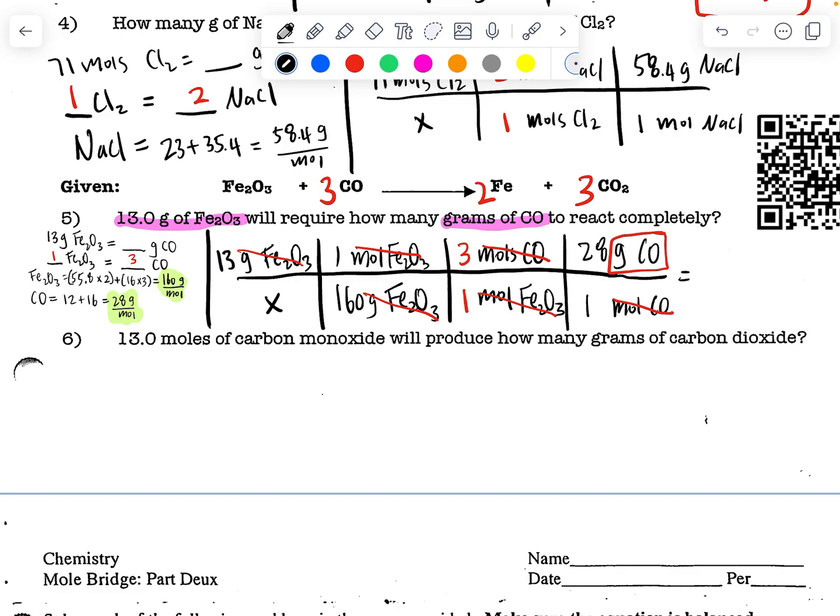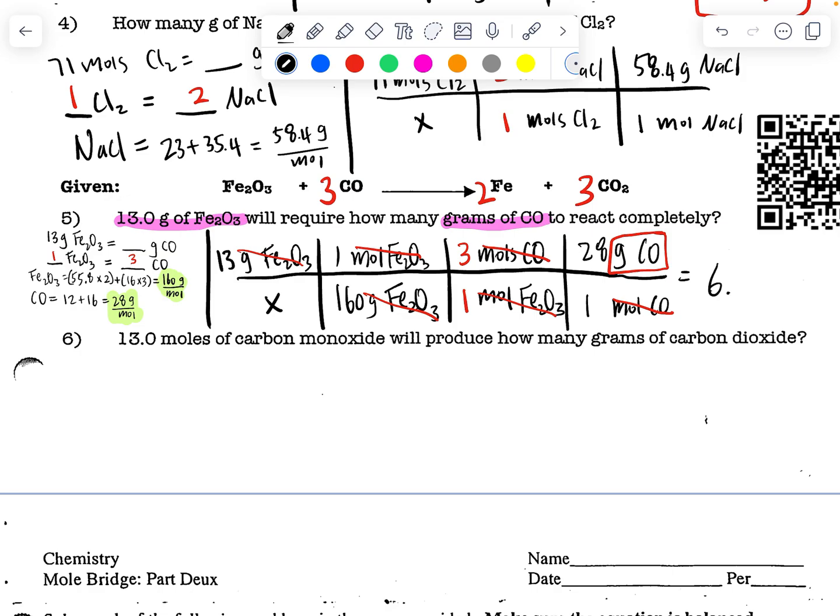Here's what I'm doing to my calculator. 13 times, don't times it by 1, 13 times 3 times 28. So I got 1,092, and I'm going to divide that by 160. That's it. I'm going to report it to 3 numbers.